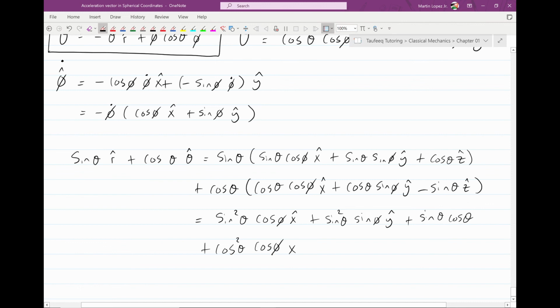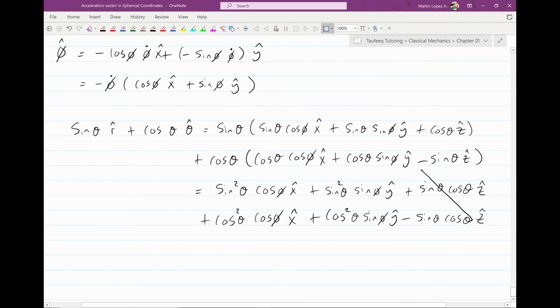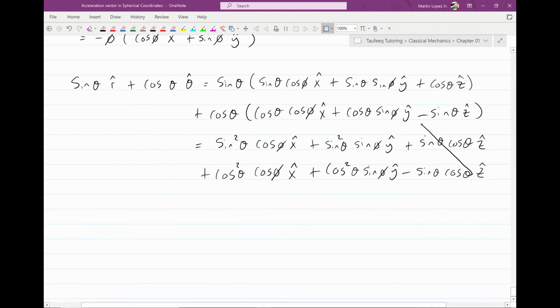And the second line is cosine theta squared cosine phi x hat plus cosine squared theta sine phi y hat minus sine theta cosine theta. There should be a z hat here and a z hat here. Now we can immediately see that these two cancel. That's wonderful.